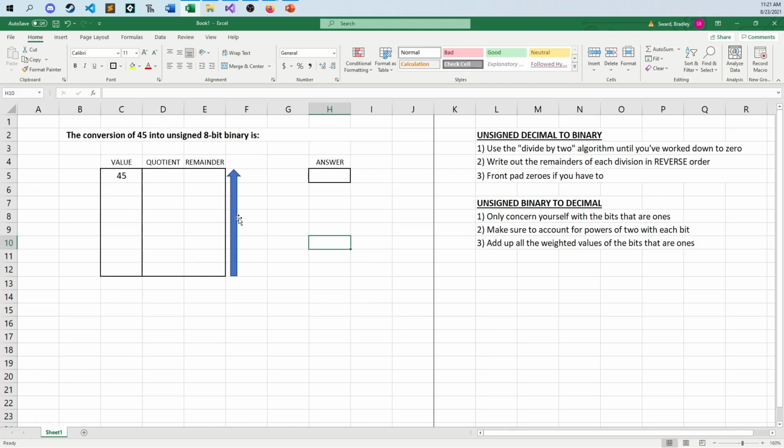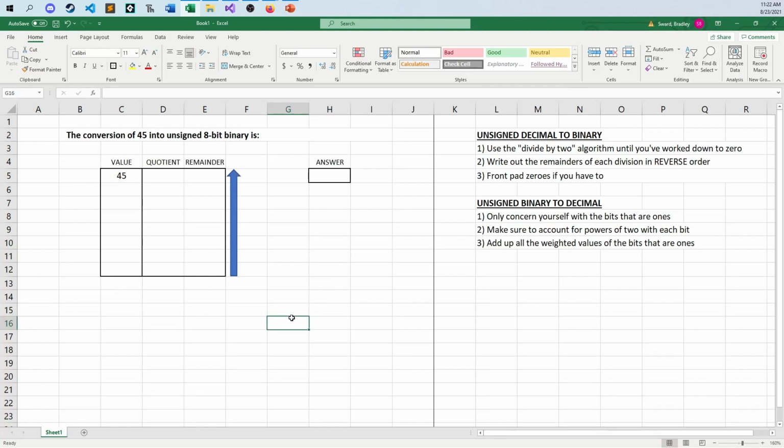And I'm going to write out the remainders in reverse order. That's why I have this blue arrow here to remind me that I'm not working my way top to bottom. I actually work my way bottom to top. And when I do that, then I'll get the answer. And then if I need to, I'll front pad as many zeros as I need to, throw that in front of the answer so that I get up to 8 bits or 16 or 32 or whatever is asked of me.